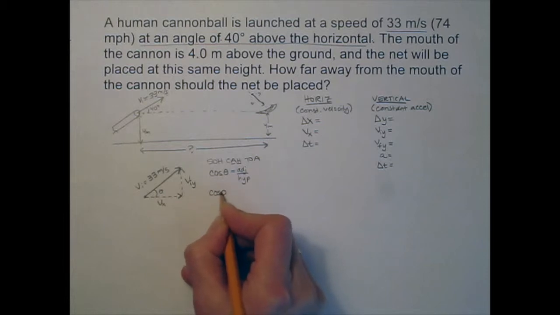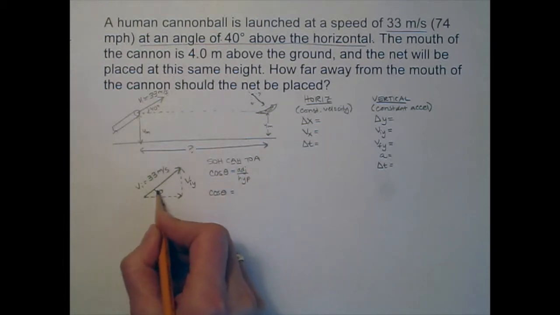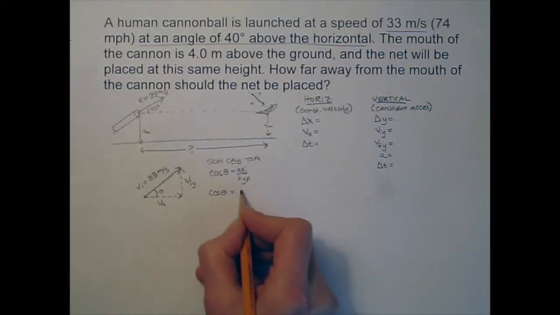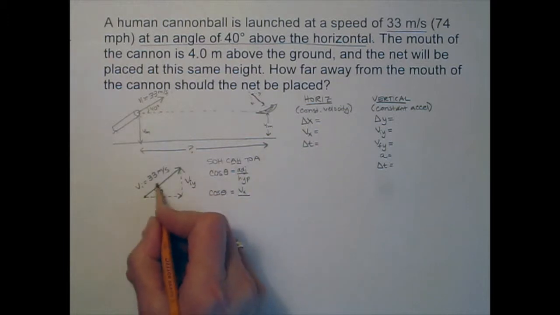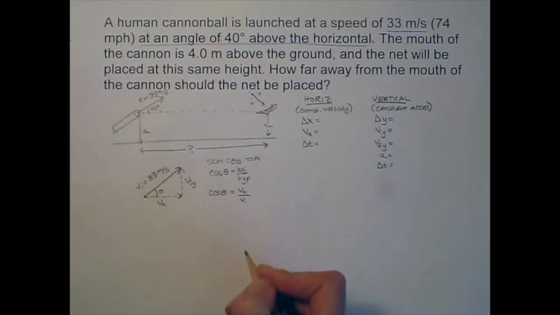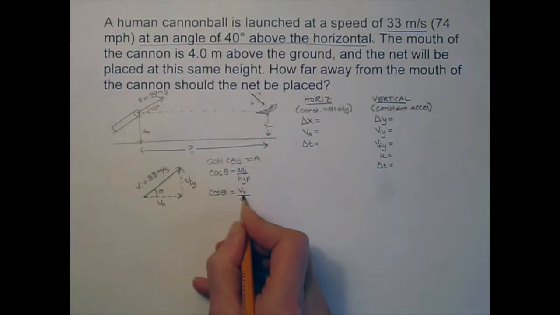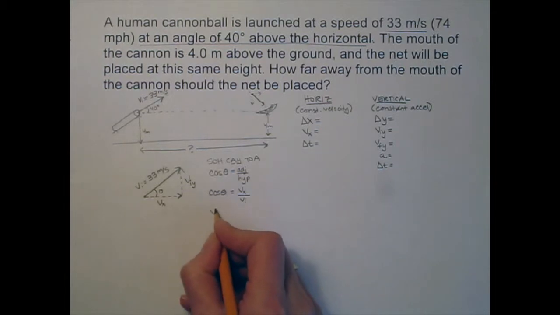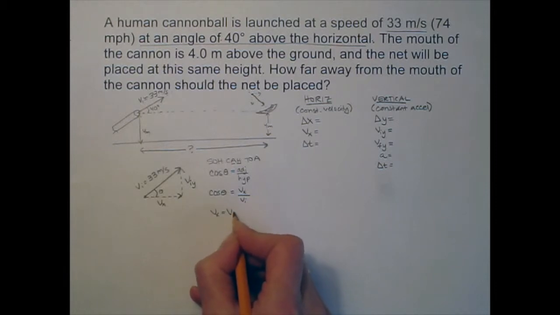So now I'm going to look at my triangle and look at what's adjacent to the angle. It's going to be Vx, and the hypotenuse is that initial velocity. So solving this for Vx, I would have Vx equals Vi cosine theta.